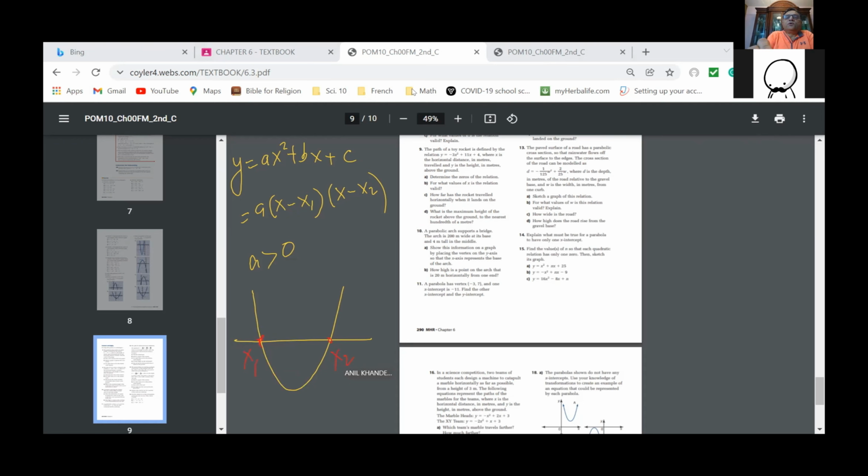Yes, sir. We get the axis of symmetry from here, whose value will be x equals (x1 plus x2) divided by 2, correct? Yes, sir. And that gives us a third point, the vertex, which actually defines a parabola.